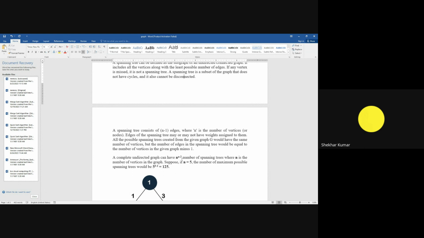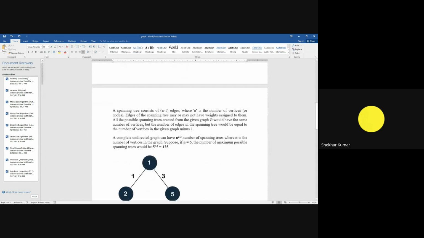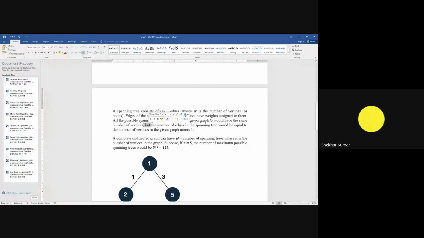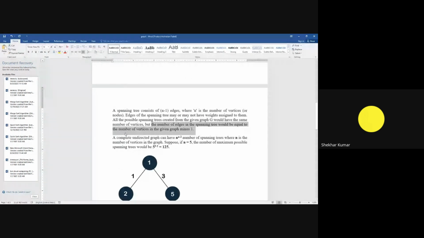This statement is very important. The number of edges in the spanning tree would be equal to the number of vertices in the given graph minus 1. That's n minus 1 edges.